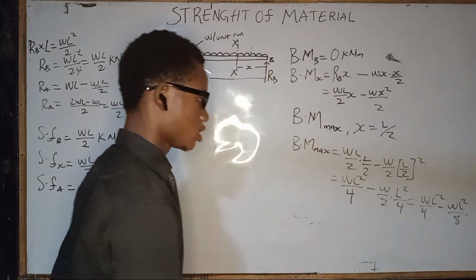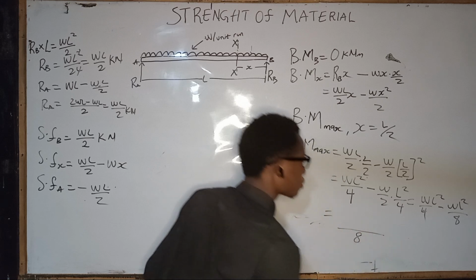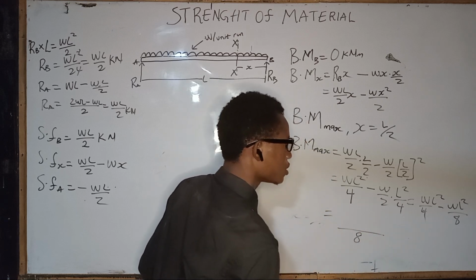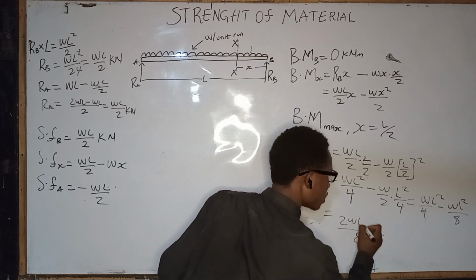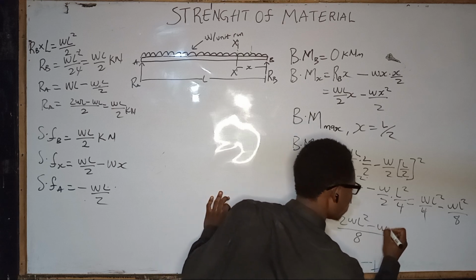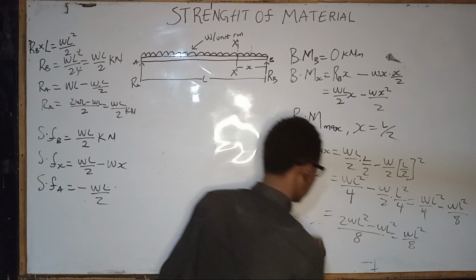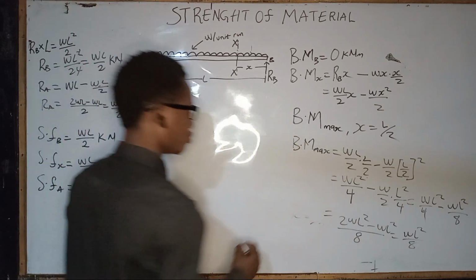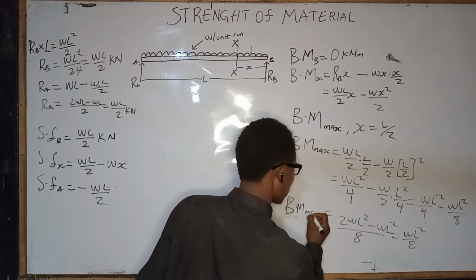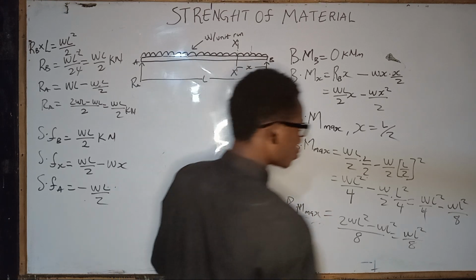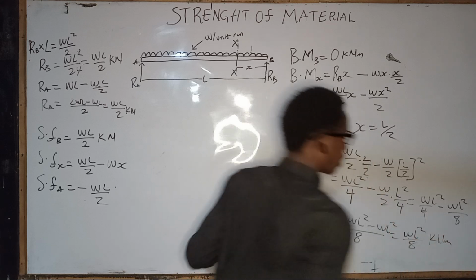We find the LCM, which is 8. Since the LCM is 8, we have 2WL squared minus WL squared, which equals WL squared over 8. That will be our max bending moment, WL squared over 8 kilonewton meter.